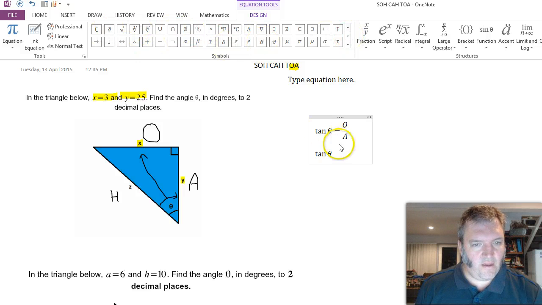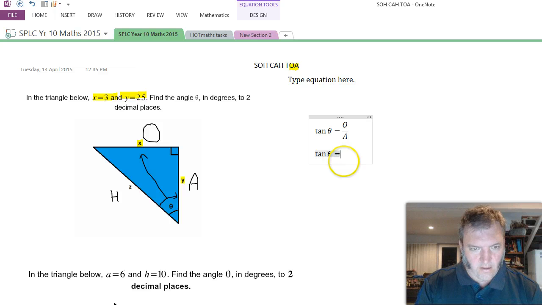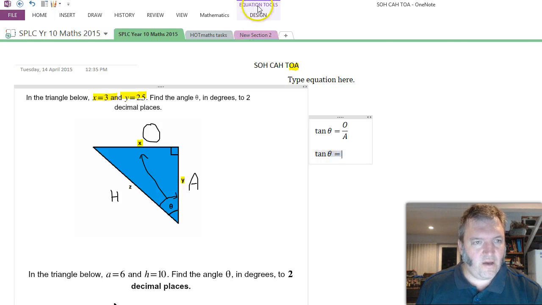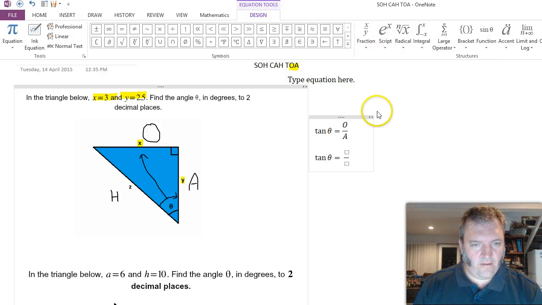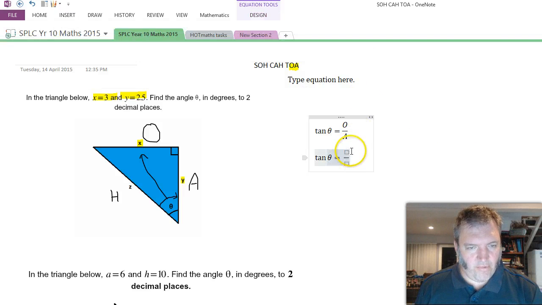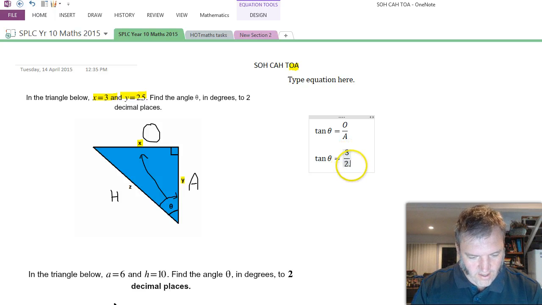Tan of theta is going to equal the opposite side, which is x. X was the value 3, divided by the adjacent side, which is y, and we can see from the question that's 2.5.